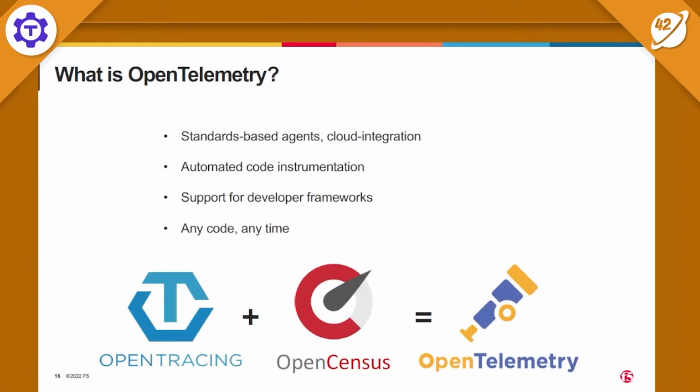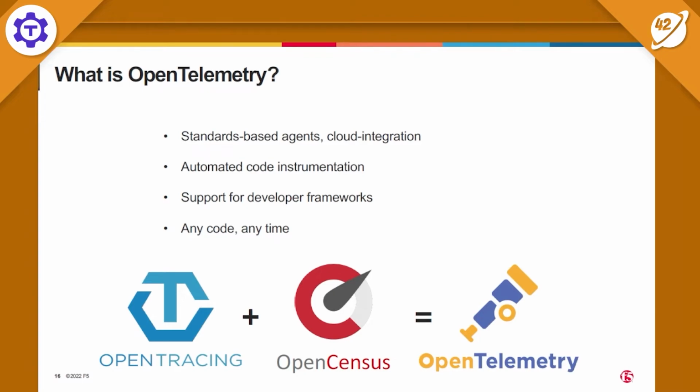So what is OpenTelemetry? It's a standards-based agents and cloud integration structure offering the capabilities of observability. It has automated code instrumentation. It supports multiple frameworks and pretty much any code at any time. Remember that we are using multiple languages and multiple frameworks.